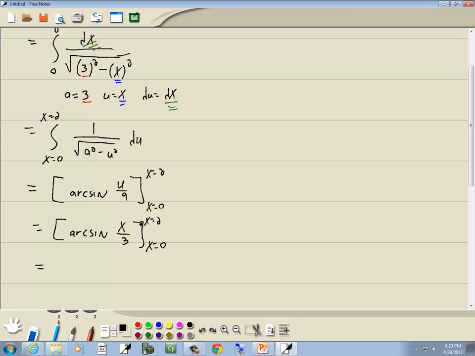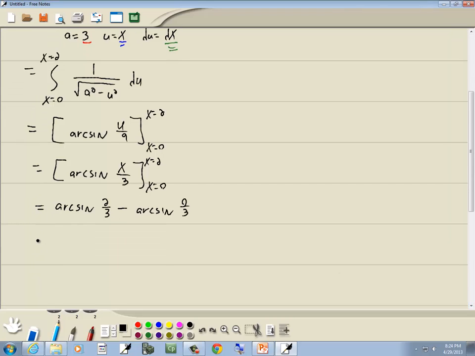Now if I plug in these values, I'm going to have arcsine of 2/3 minus arcsine of 0 over 3, which gives us arcsine of 2/3 minus arcsine of 0.